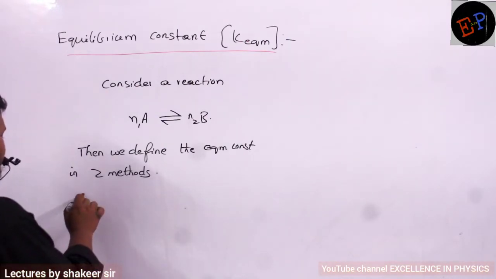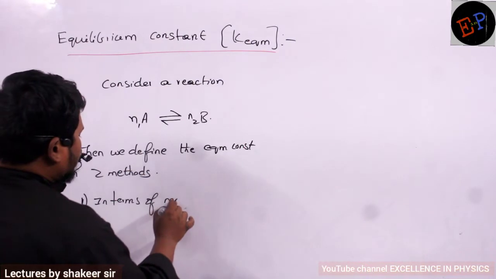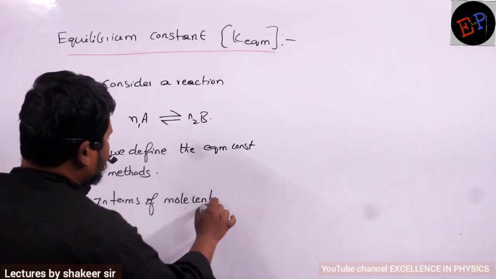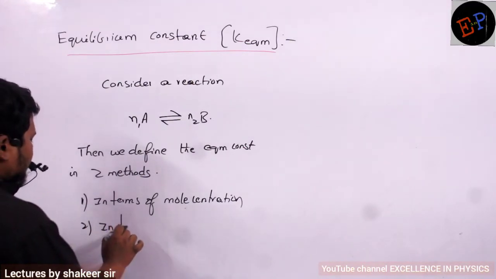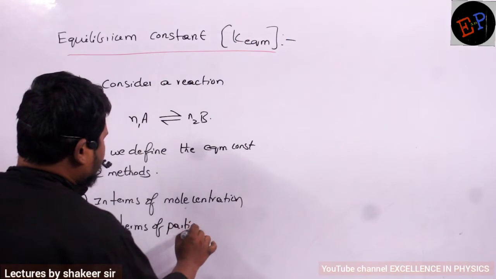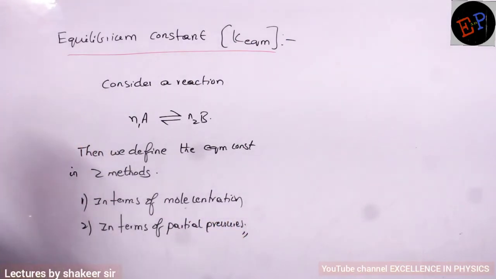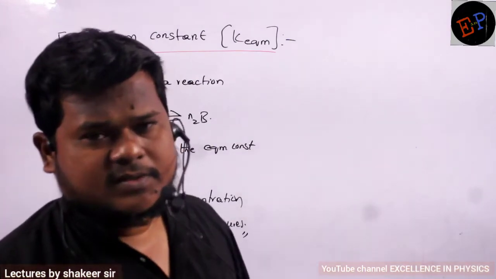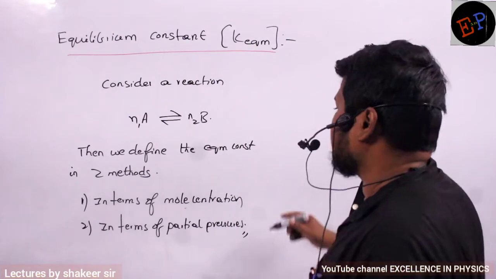First method is in terms of mole concentration, and second method is in terms of partial pressures. So in terms of mole concentration and in terms of partial pressures, we will try to define this constant of equilibrium, which is called the equilibrium constant.